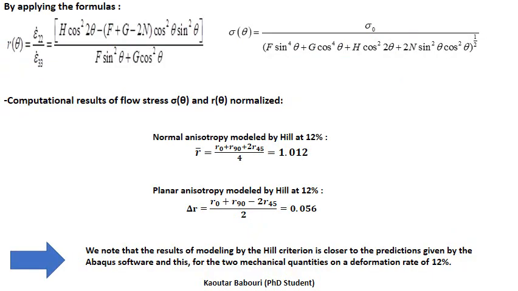And by applying the formulas, we got normal anisotropy modeled by Hill and planar anisotropy modeled by Hill for 12%. We know that the results of modeling by the Hill criterion is close to the predictions given by the Abaqus software, and this for the two mechanical quantities on a deformation rate of 12%.